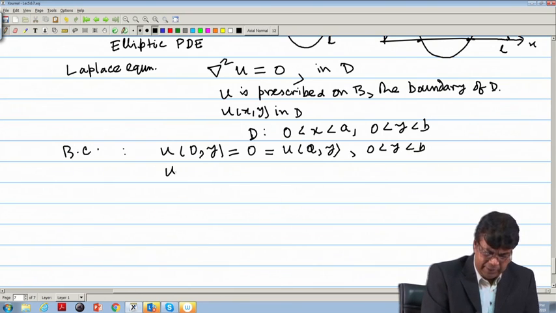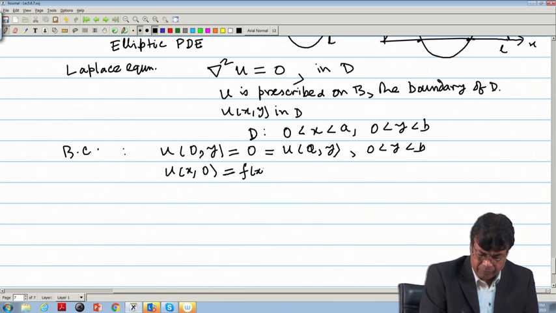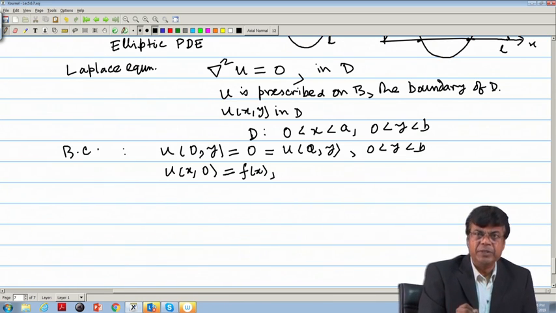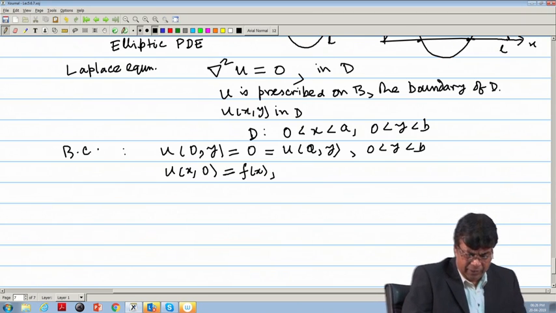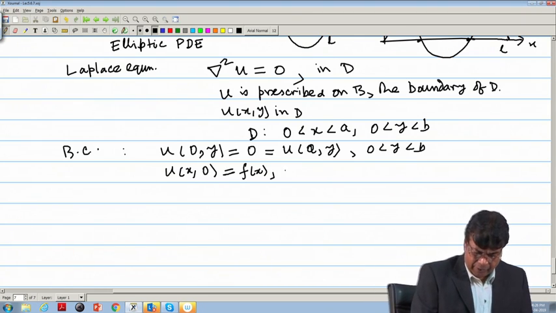Another boundary condition is about x, and that has to be non-homogeneous. Otherwise, if you have homogeneous boundary conditions, you will get a zero solution. That is not possible to have a non-zero solution. So this can be a homogeneous boundary condition, for 0 < x < a.